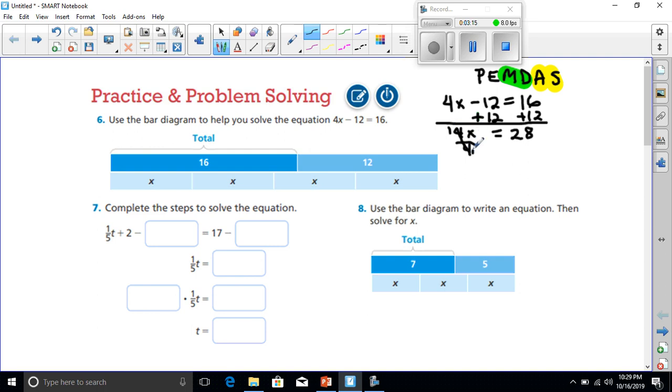Now I have 1x over 1, which is just x. And now whatever I divide from one side, I have to divide from the other. And I know that 28 divided by 4 is 7. So I use the bar diagram to show me that when I have 28, if I divide it by 4, that's going to equal 7.